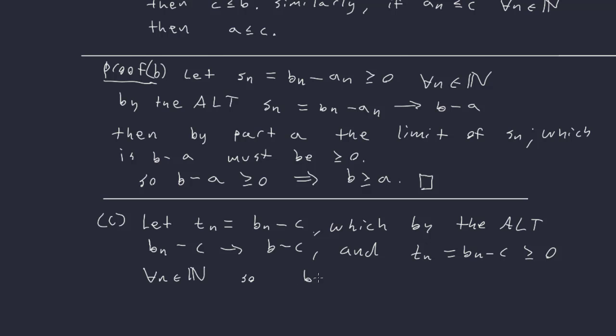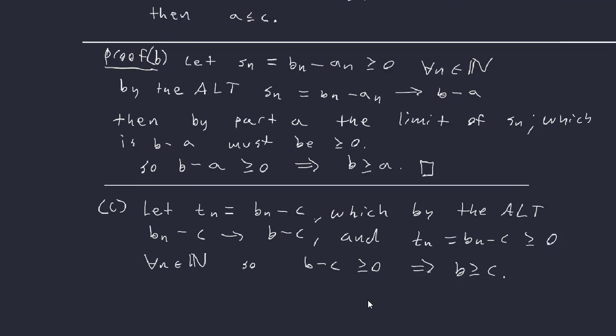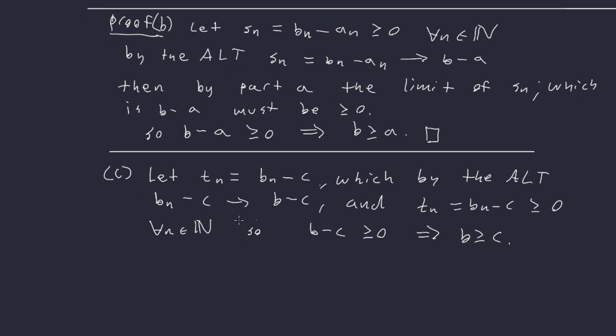So B minus C must also be greater than or equal to 0, which implies that B is greater than or equal to C. Or if we wanted to prove the next part with the A's, I'll show you the other way.